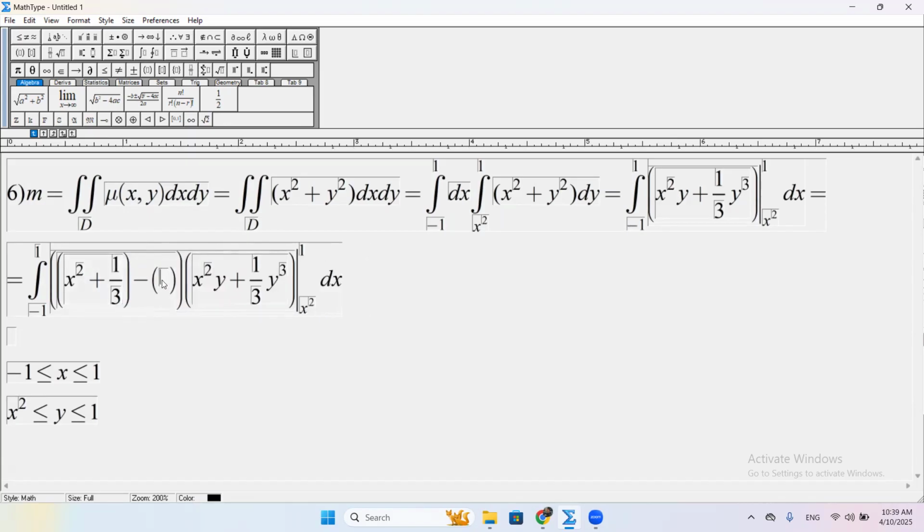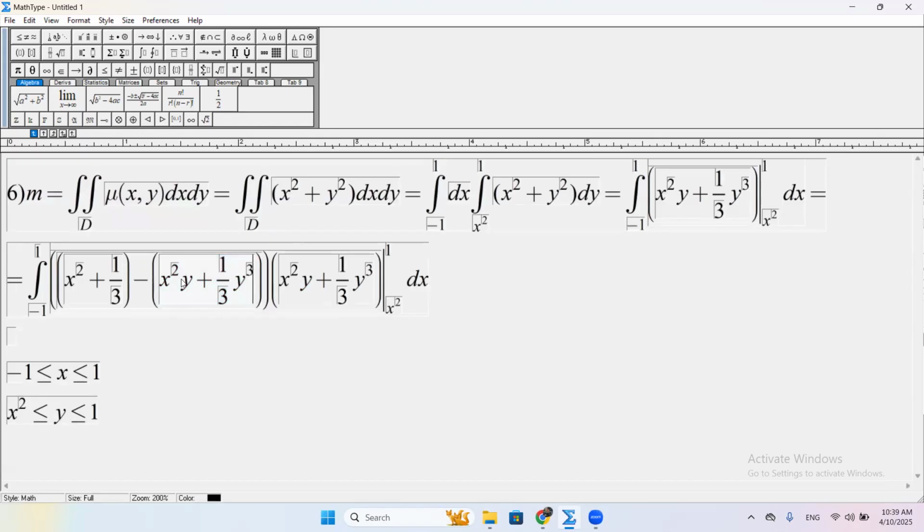Substituting 1, we have the following expression, and when substituting x squared, so x in power of 4, and here x in power of 6.